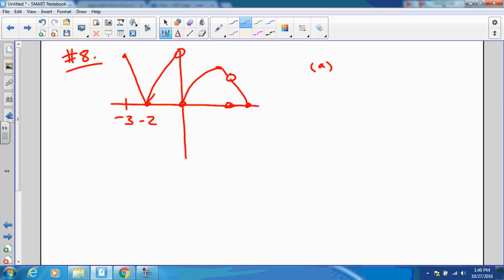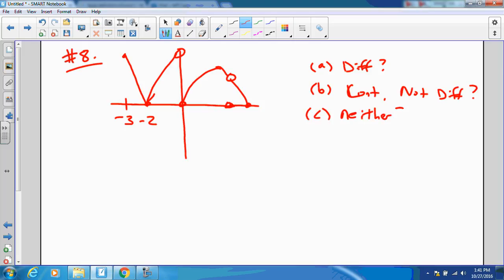And so now the question is asked, the same 3 questions are asked. Where differentiable? And of course, if differentiable, automatically continuous. And where continuous but not differentiable. And again, it makes sense to me to work backwards. So let's start with C.